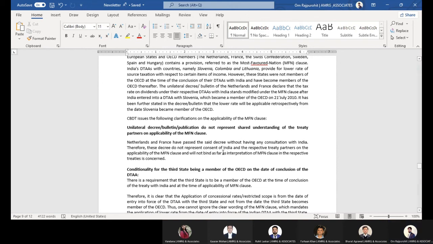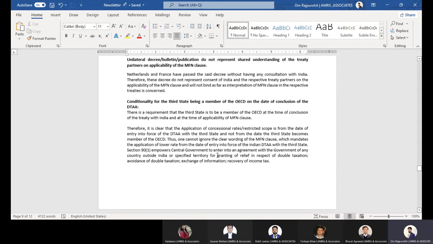The second condition is the conditionality of the third state being a member of OECD on the date of conclusion of the DTAA. So there is a requirement that the third state is to be a member of OECD at the time of conclusion of the treaty with India and at the time of applicability of the MFN clause.